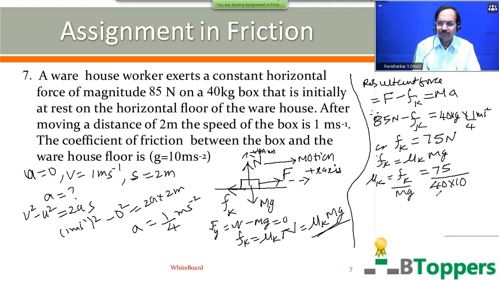Try to simplify this yourself. You get the coefficient of friction as 3 by 16. If you want to copy the solution of this problem, you can take a pause and copy it.